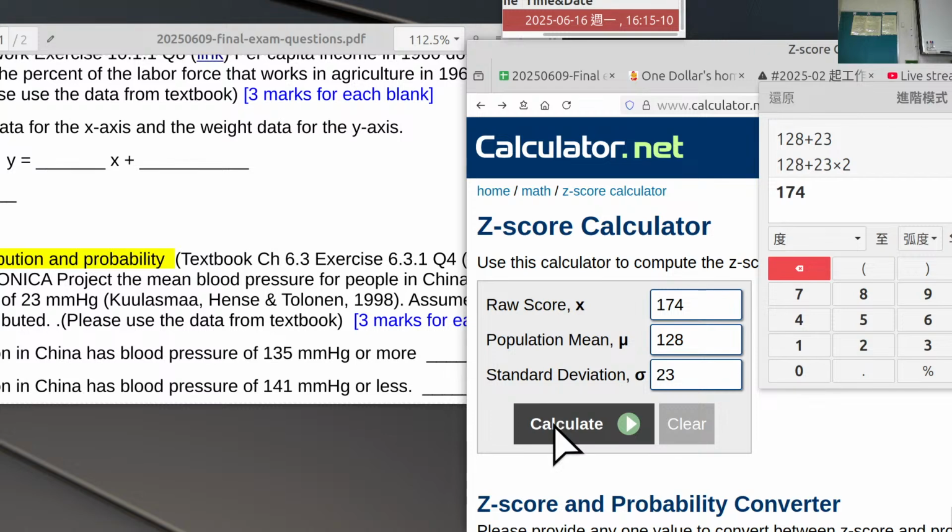Three times 23, three times the standard deviation, is 197.